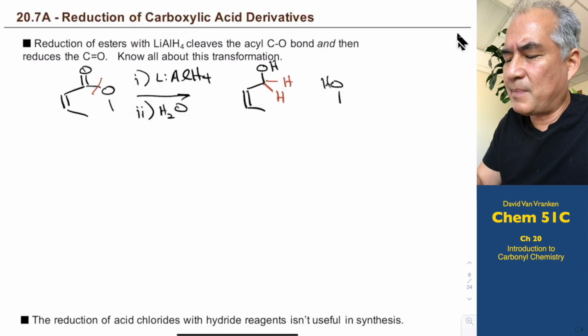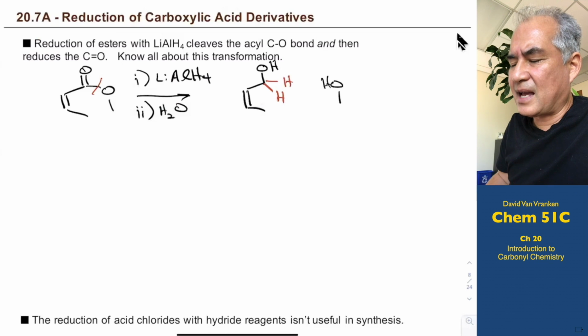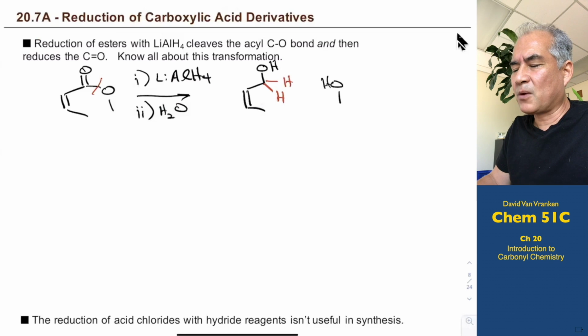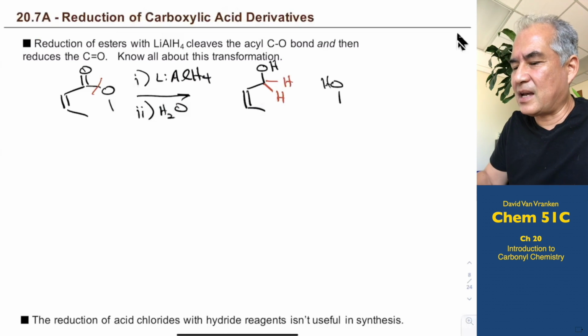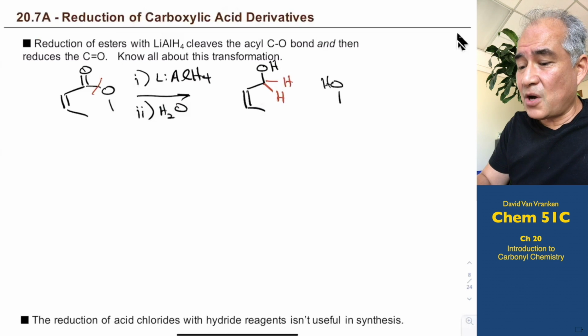So I'm not worried about it in this particular case. You just have to assume that when we're doing these reductions of esters with lithium aluminum hydride, you're adjusting the stoichiometry.